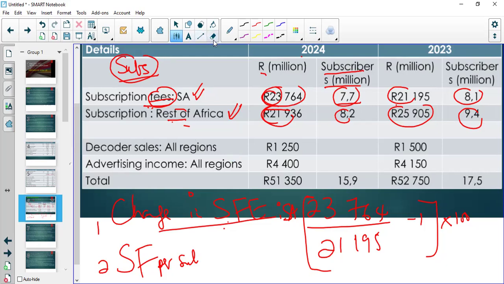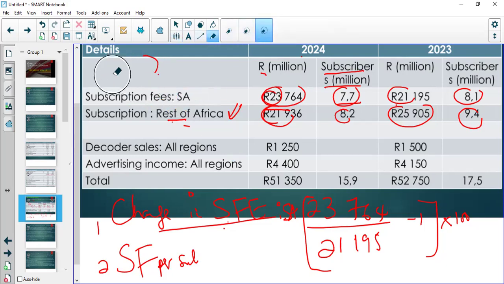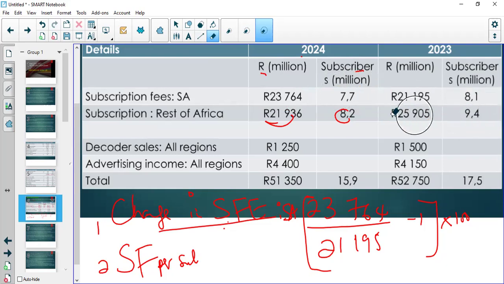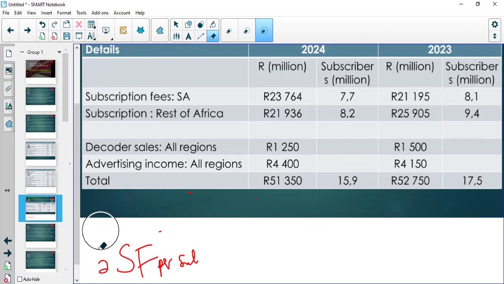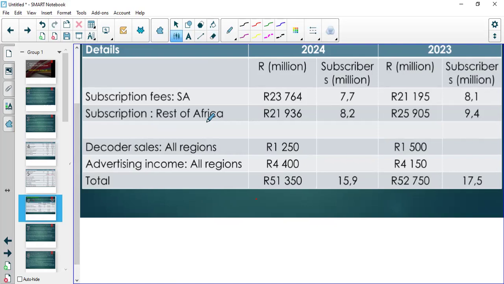Right, and we were told that we must do subscription fee related ratios. So anything that is related to the subscription fee. I haven't read, I'm not going to read about the prices, whether there was a change in the prices or anything, but I'm not going to.